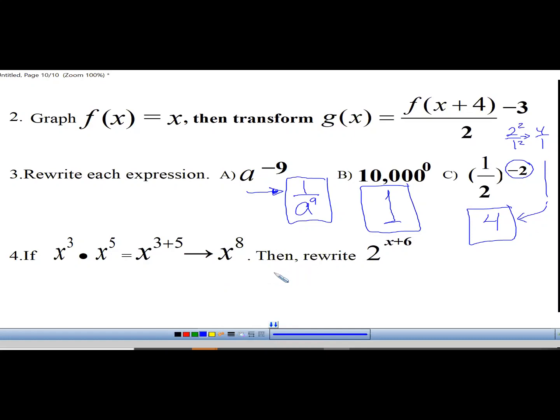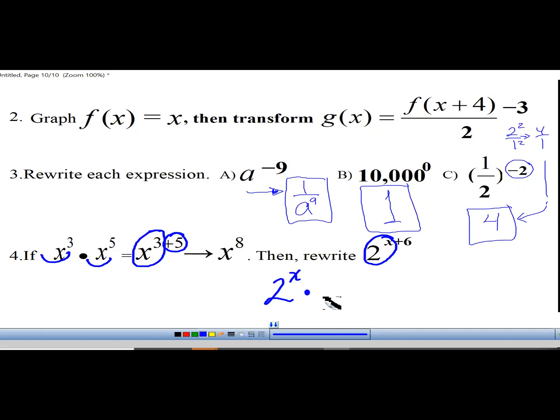I'm not sure if this is right, but I got 2 to the x power and then over 6. Close. So 2 to the x power, so far, so good. But now we have the other exponent, which is the 6. Notice over here we have x to the 3rd, but then the plus 5 became another x to the 5th.